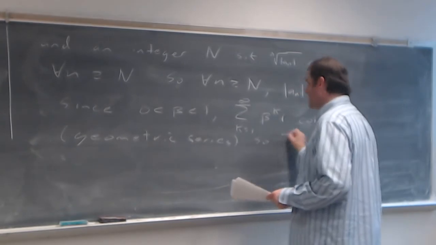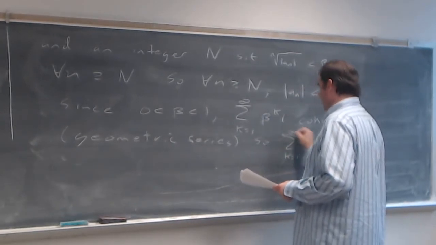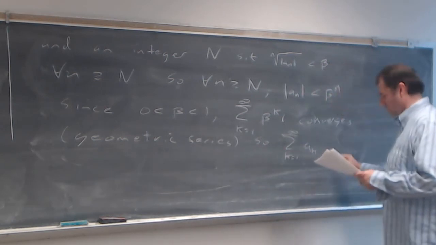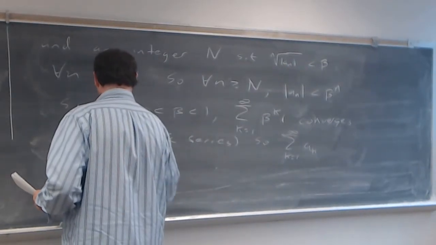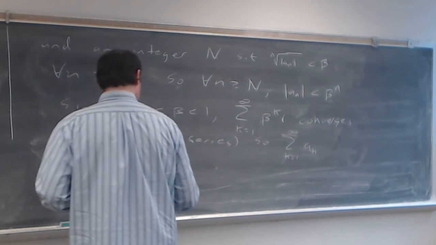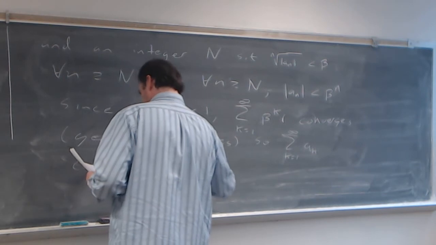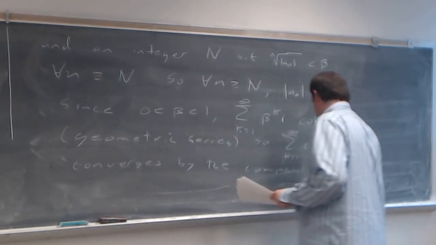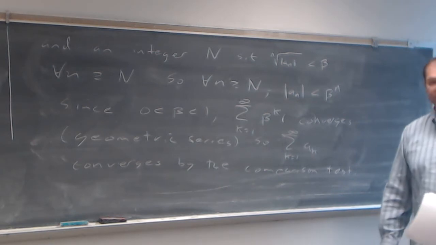So what that says is the sum, as k runs from 1 to infinity, of a sub k converges by the comparison test. So that ends the first part of the root test.